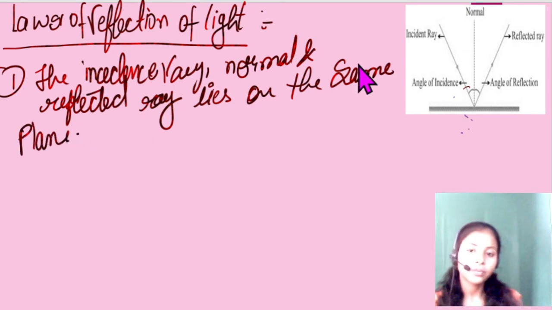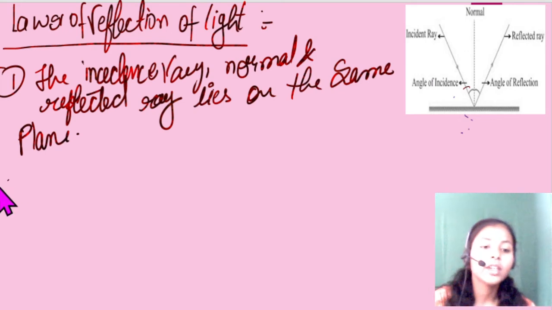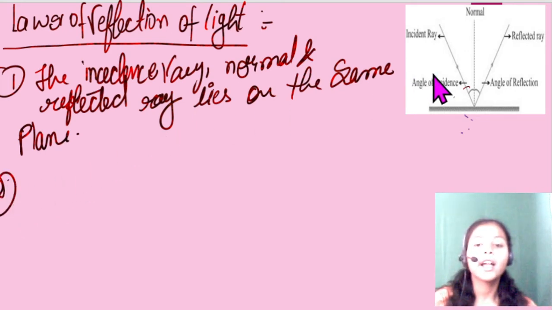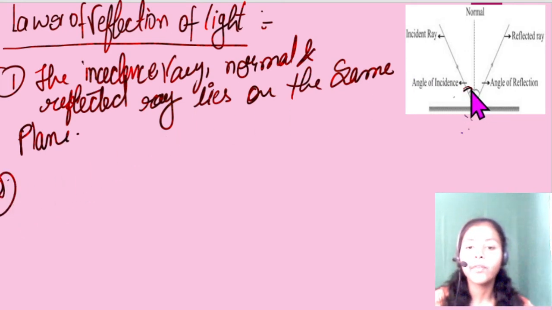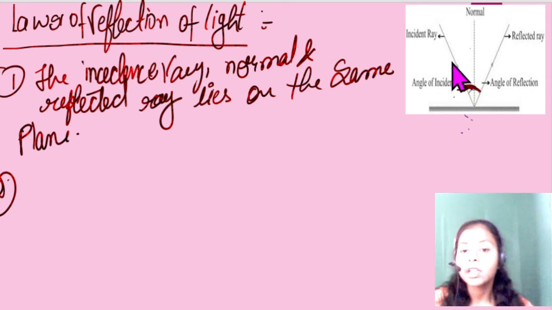So the second one is the angle of incidence and the angle of reflection are equal. This angle of incidence, which is the angle formed between the normal and the incidence ray, is equal to the angle formed between the normal and the reflected ray. These two are equal.